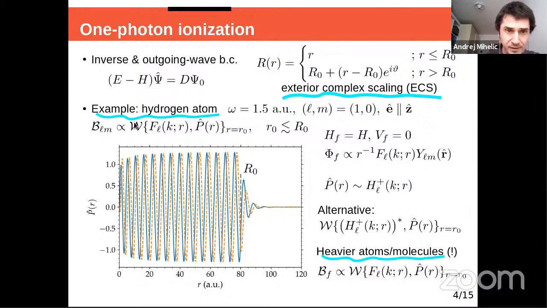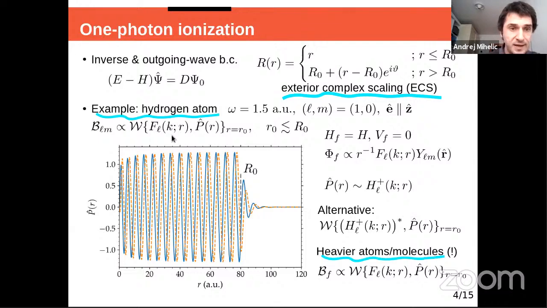The Wronskian I mentioned earlier, so the amplitude, actually consists of this p hat, the radial function of psi hat, and of the regular Coulomb function, the normal one, of the hydrogen atom.